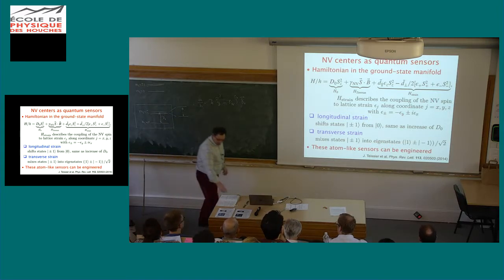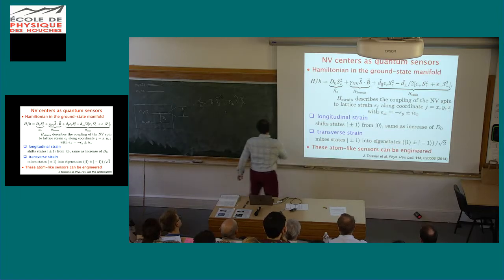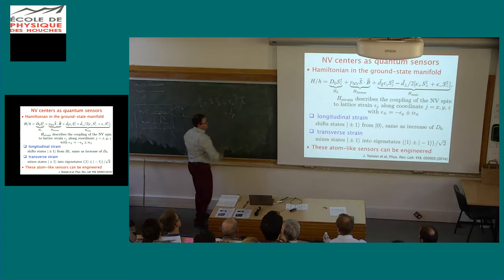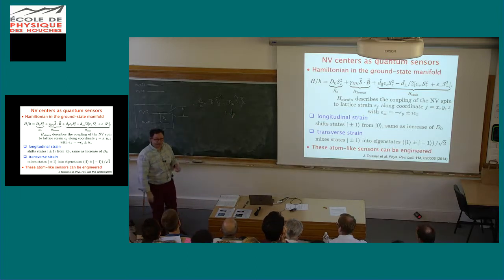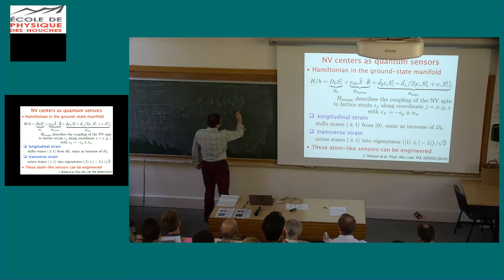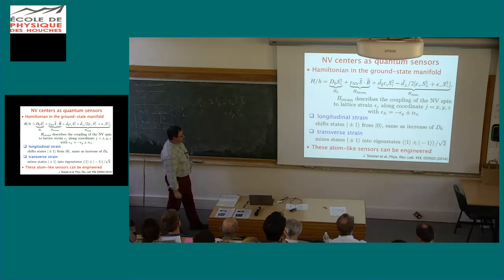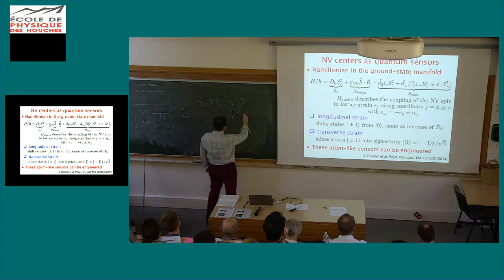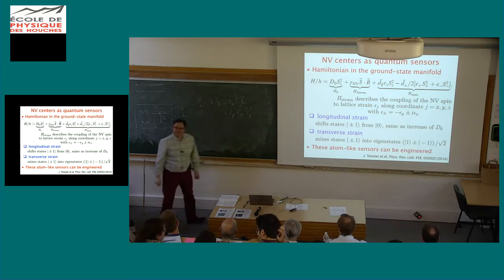So I can write this parameter as D parallel, meaning I am along the axis of the defect, keeping its symmetry, times a strain component, the lattice strain epsilon z, and then Sz squared, the same term as the one for the Zeeman effect.